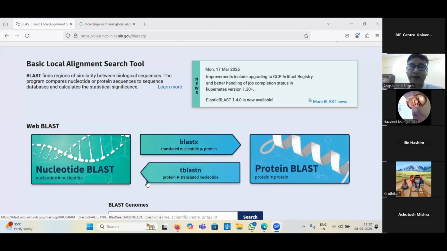And this one, it is the other way around. T-BLAST-N. So what is happening here is that you have the protein sequence, but you don't want to align the protein sequence, but you want to know what nucleotide it is coming from.